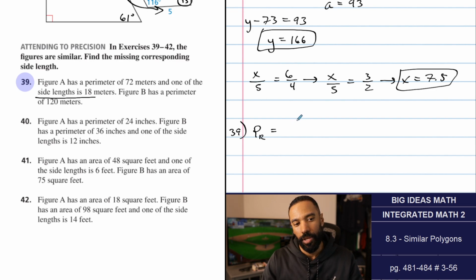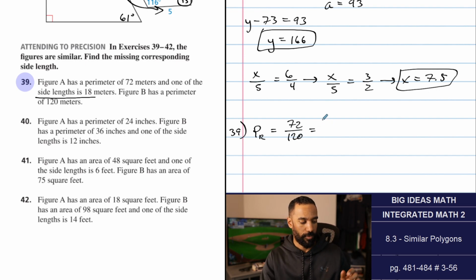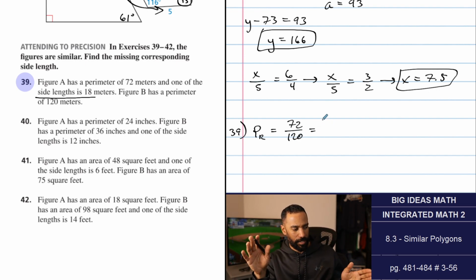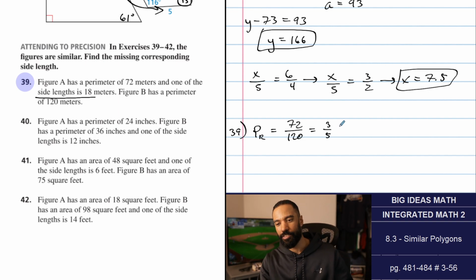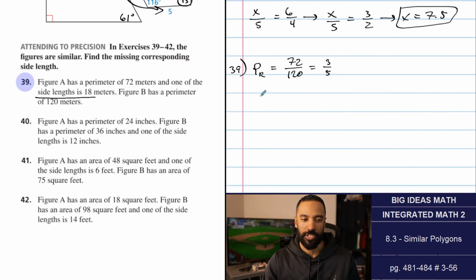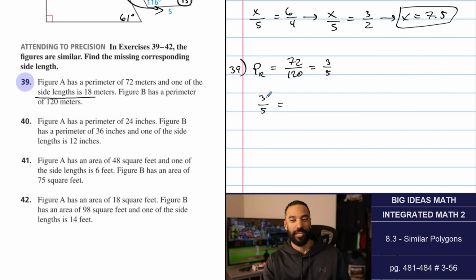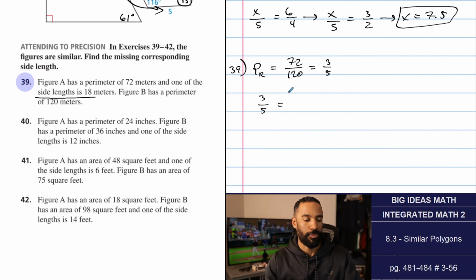Let's do figure A is a perimeter of 72. Figure B is a perimeter of 120. 72 over 120, I think that's kind of a very clean, 24 divided by 24, right? I think it's 3/5. So 3 to 5 for figure A to figure B, right? That's our setup.